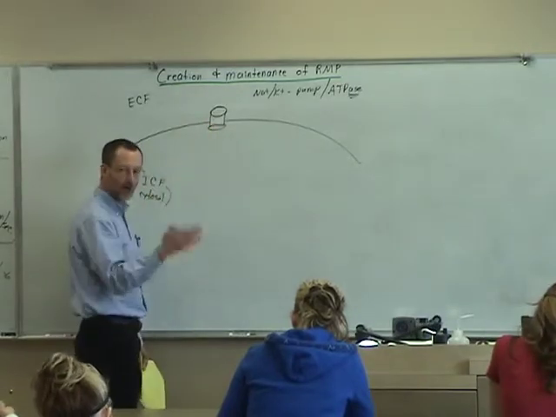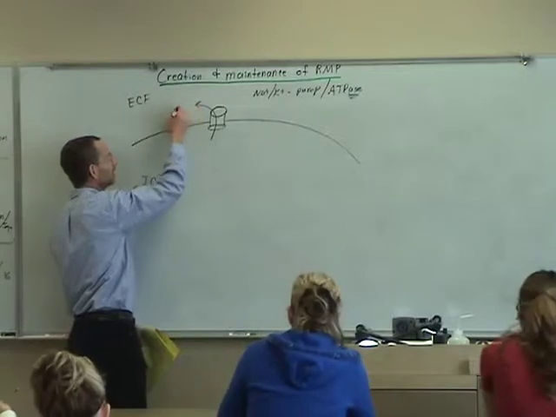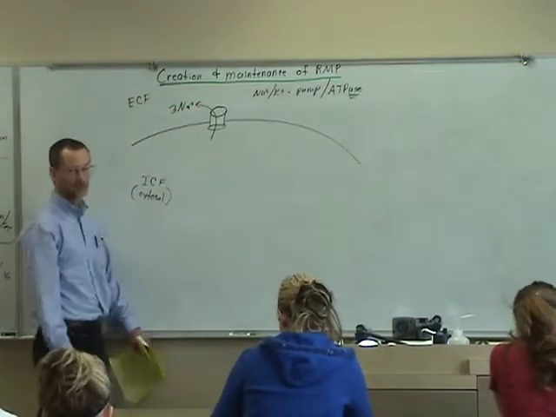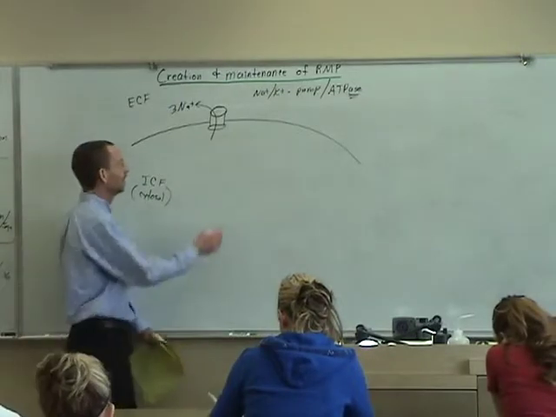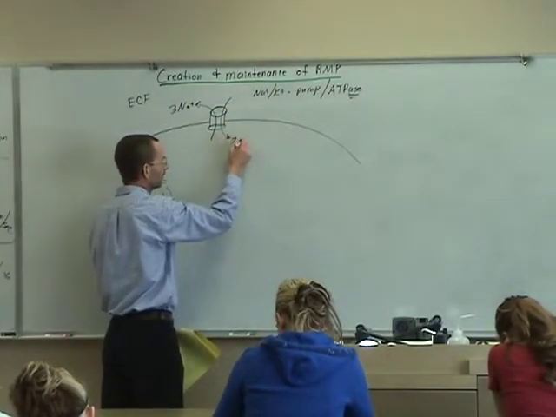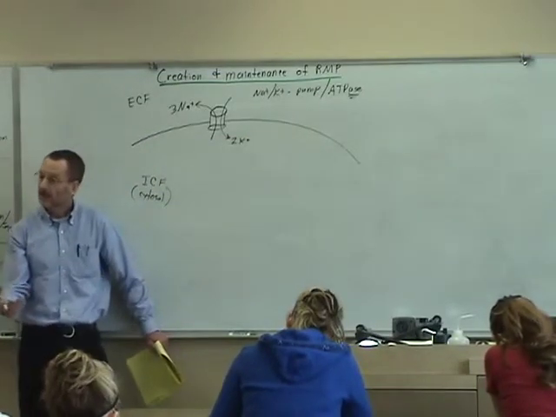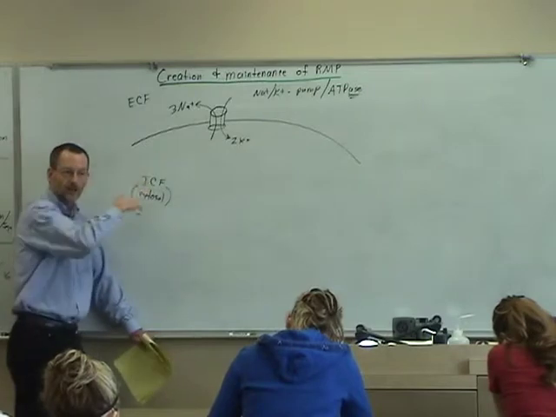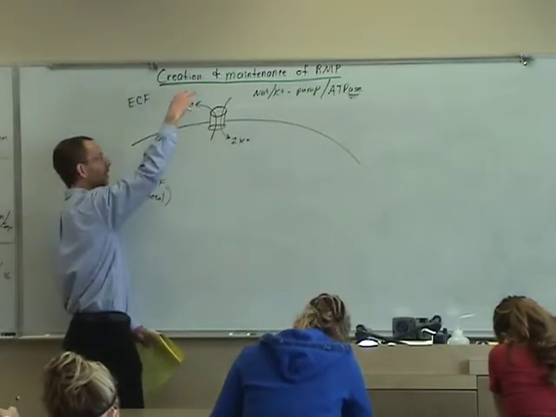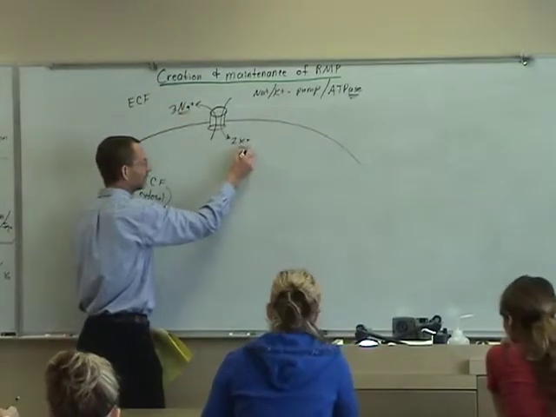And as it's running, it pumps 3 sodium ions outside the cell and 2 potassium ions inside the cell. That sets up that relative concentration difference that we just had on the board. Higher sodium on the outside, higher potassium on the inside.